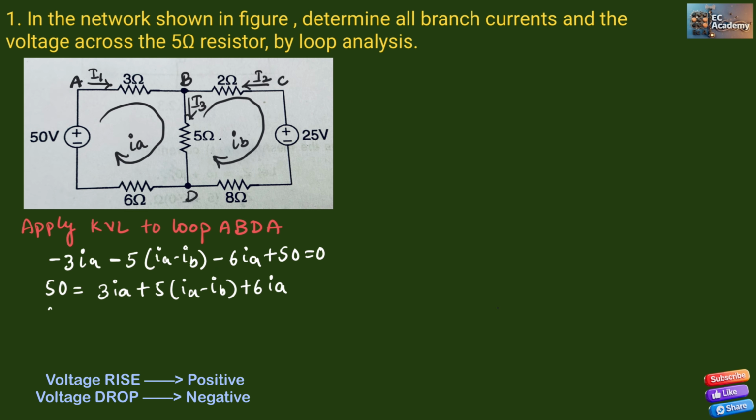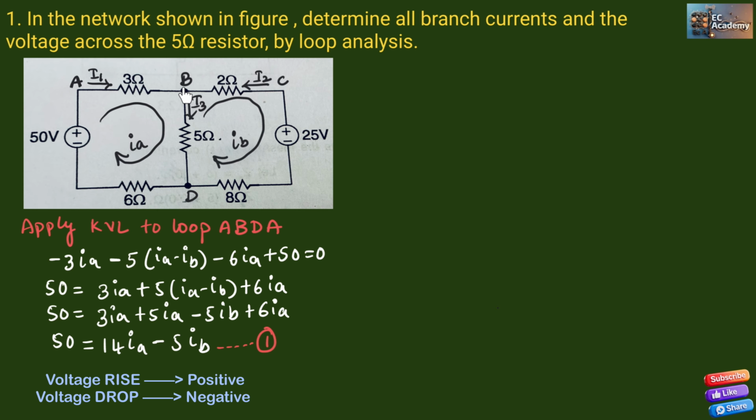So 50 will be equal to 3IA plus 5IA minus 5IB plus 6IA. We have 3IA plus 5IA plus 6IA, which is 14IA. So 50 equals 14IA minus 5IB. Let us take this as equation number 1.